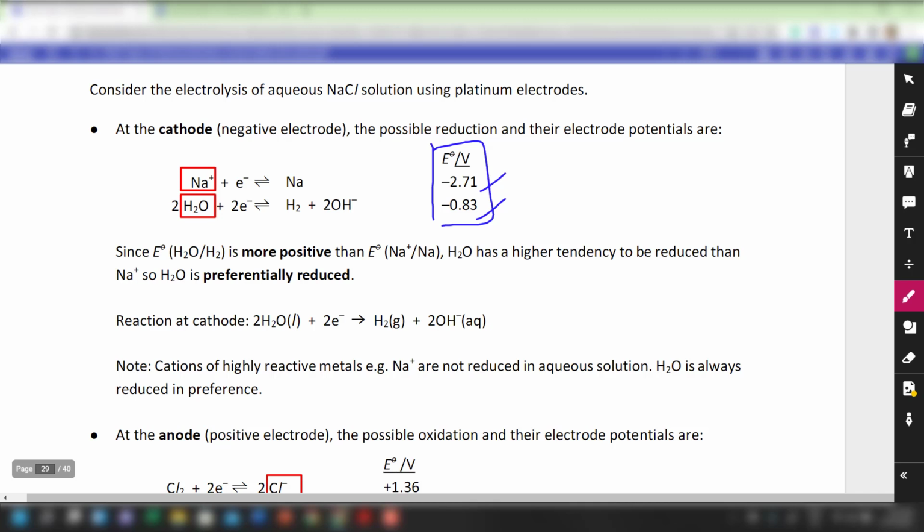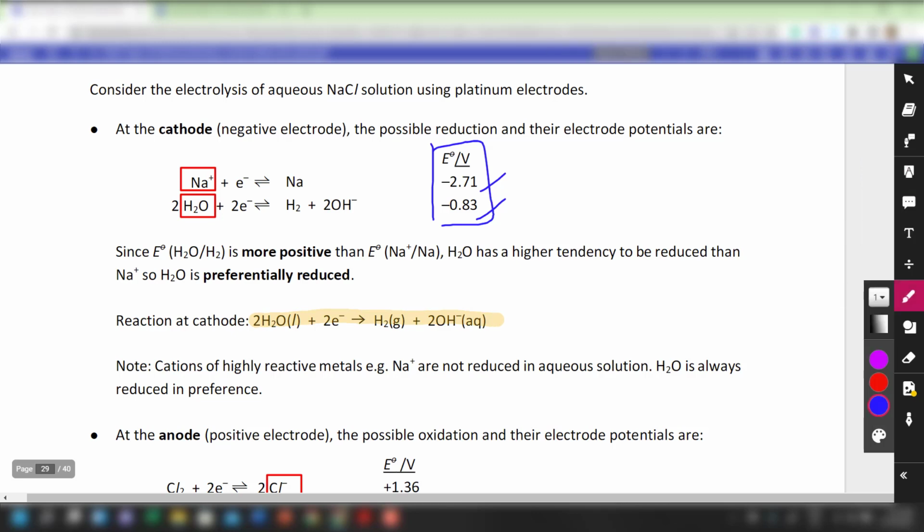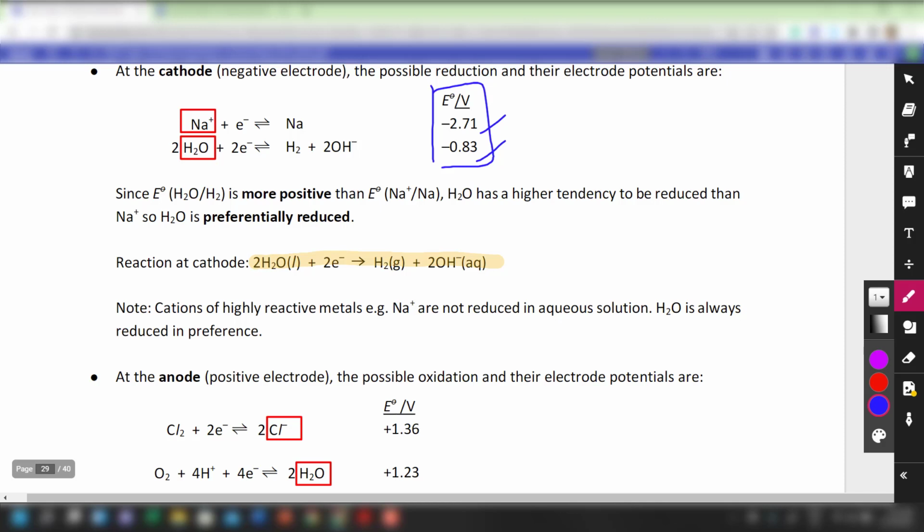So therefore, when we are writing down the reaction at the cathode, this is the reaction which we'll be writing: H2O being reduced to H2 and OH minus. Sometimes you don't even need the data booklet to help you. Why is that the case? Because I think all of us are aware that when we dump sodium metal in water, it will be a very explosive reaction.